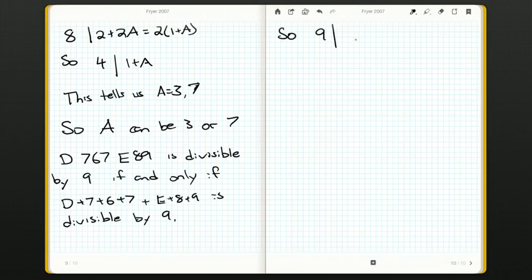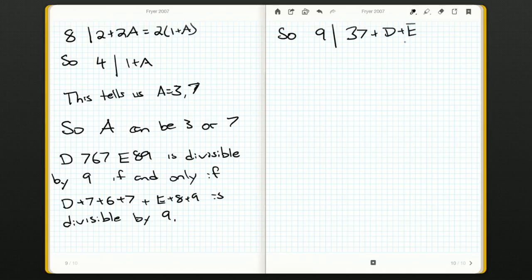So 6 plus 7 plus another 7 plus 8 plus 9. That gives us 37. Yep, 37 plus D plus E. And we just want to figure out the possible sums D plus E.